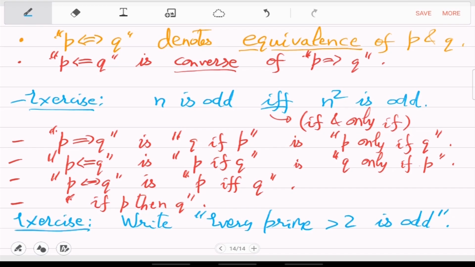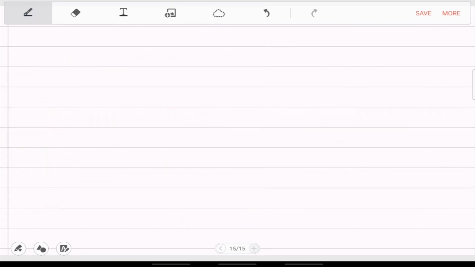Okay, so now, we don't have much time, but let us start some proof techniques. This was just the definition of proofs. So what are the basic proof techniques or paradigms?